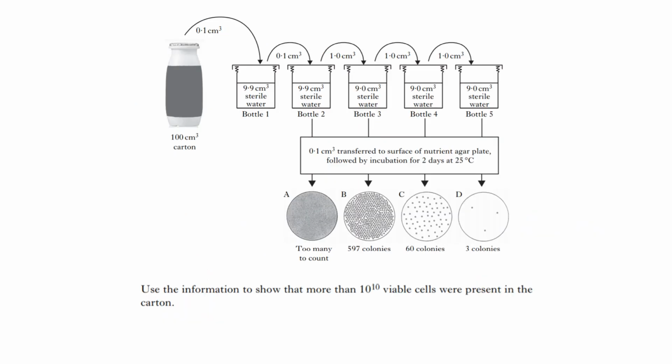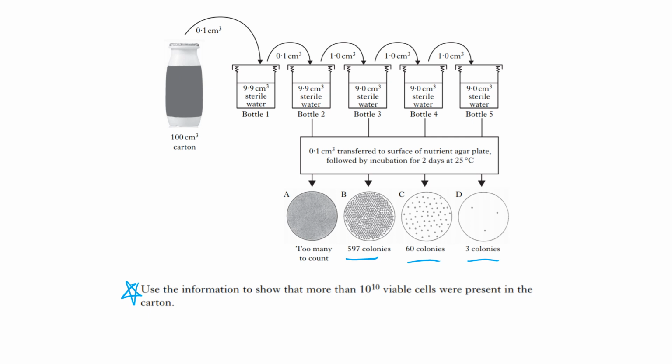And we've got a final question here. Use the information to show that more than 10 to the 10 viable cells were present. Now in this question, this is from a very old past paper. You can go from any of these plates that you want.